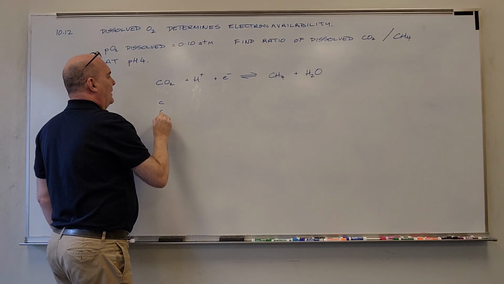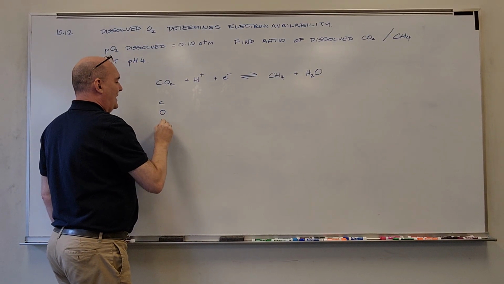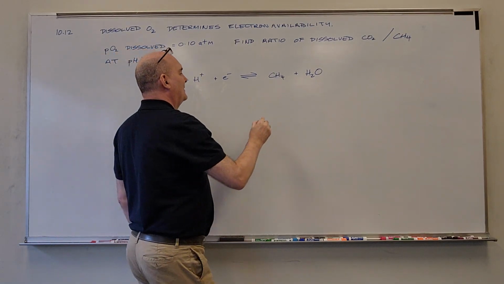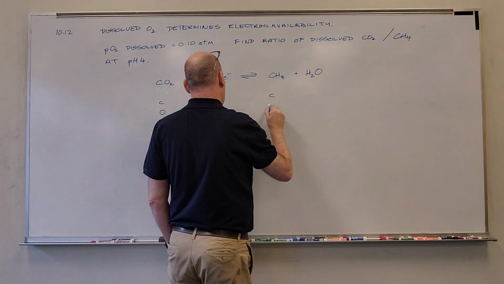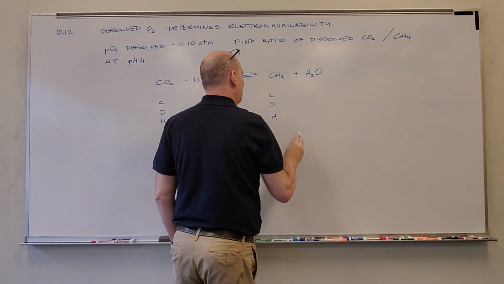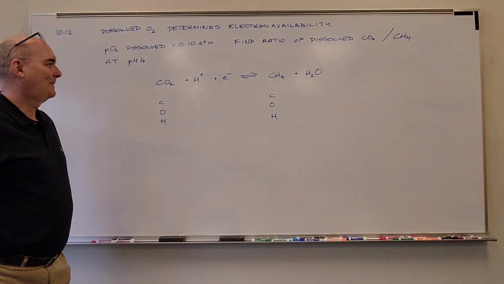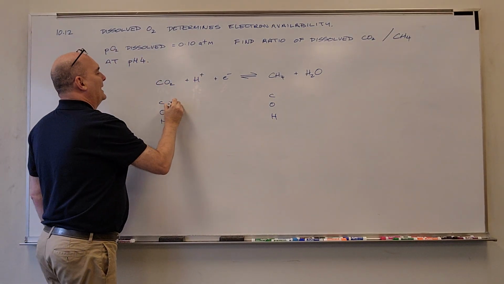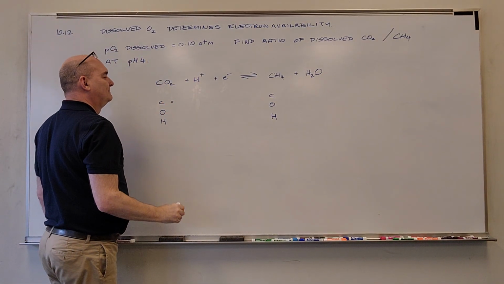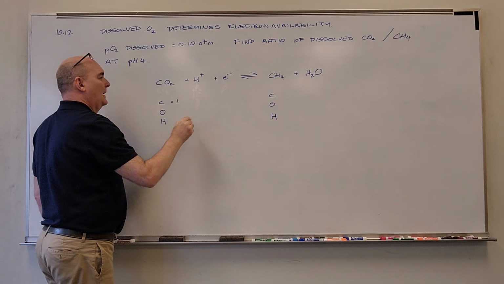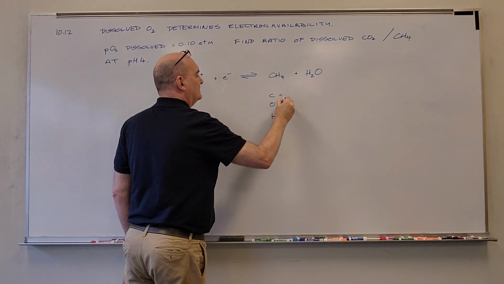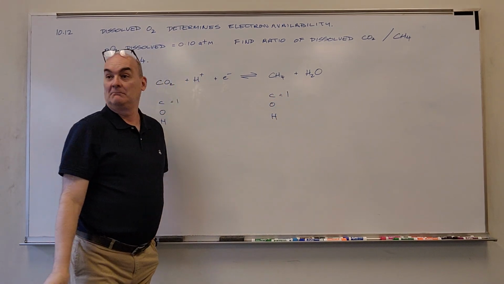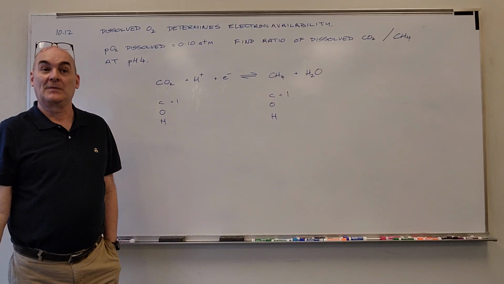How many carbons and oxygens and hydrogens are on this side? How many carbons and oxygens and hydrogens are on that side? Okay. Atom count. How many carbons are there? One. How many carbons are there over here? We're off to a good start.